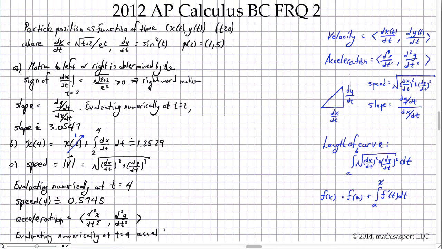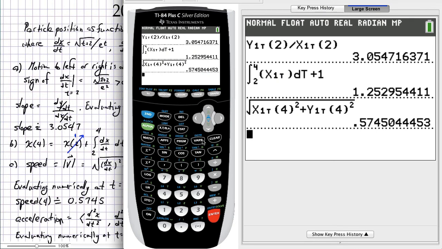Acceleration is approximately equal to, again, this is the third or fourth time we've made reference to the already input equations for dx/dt and dy/dt. Now we're going to have to take the derivative of that, because the derivative of the velocity equation is the acceleration. It's the second derivative of the position equation. So we need nDeriv from the catalog.